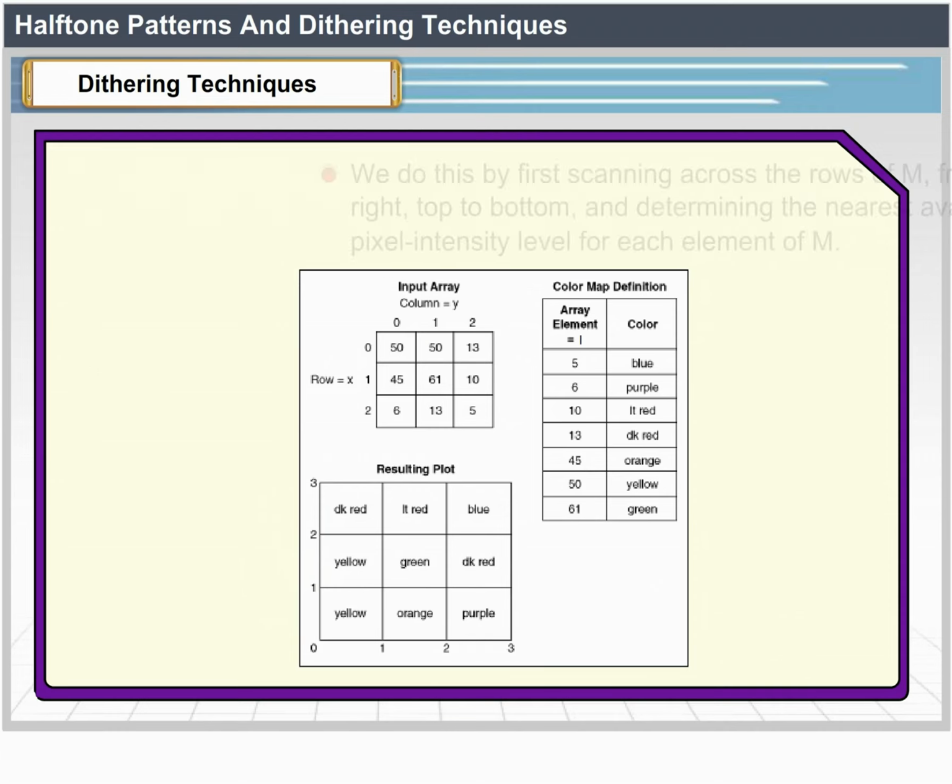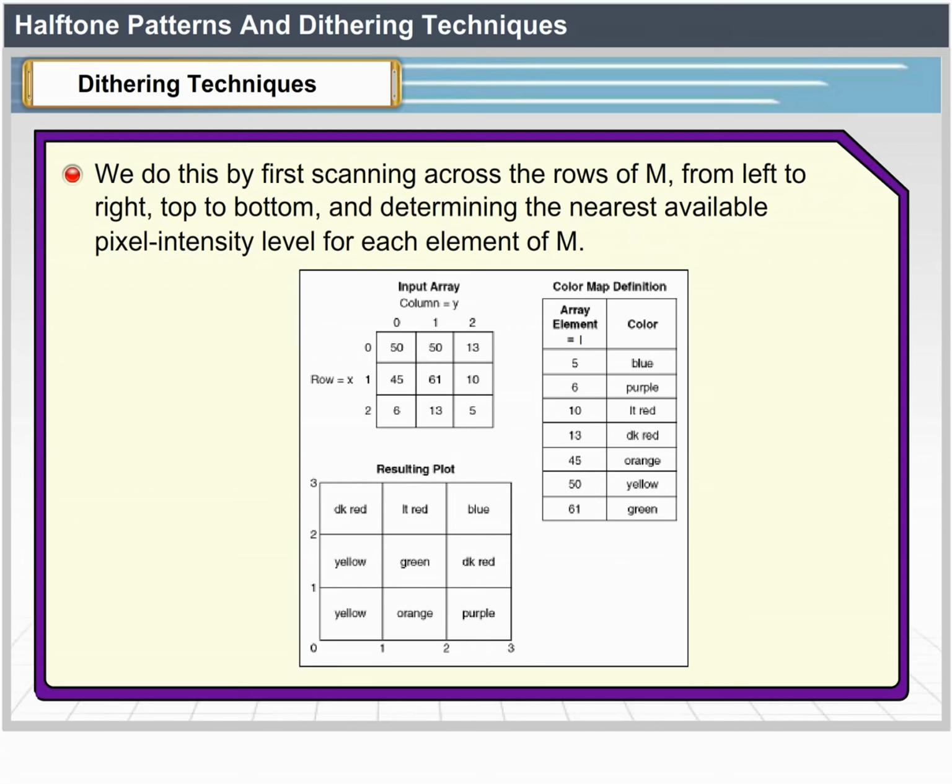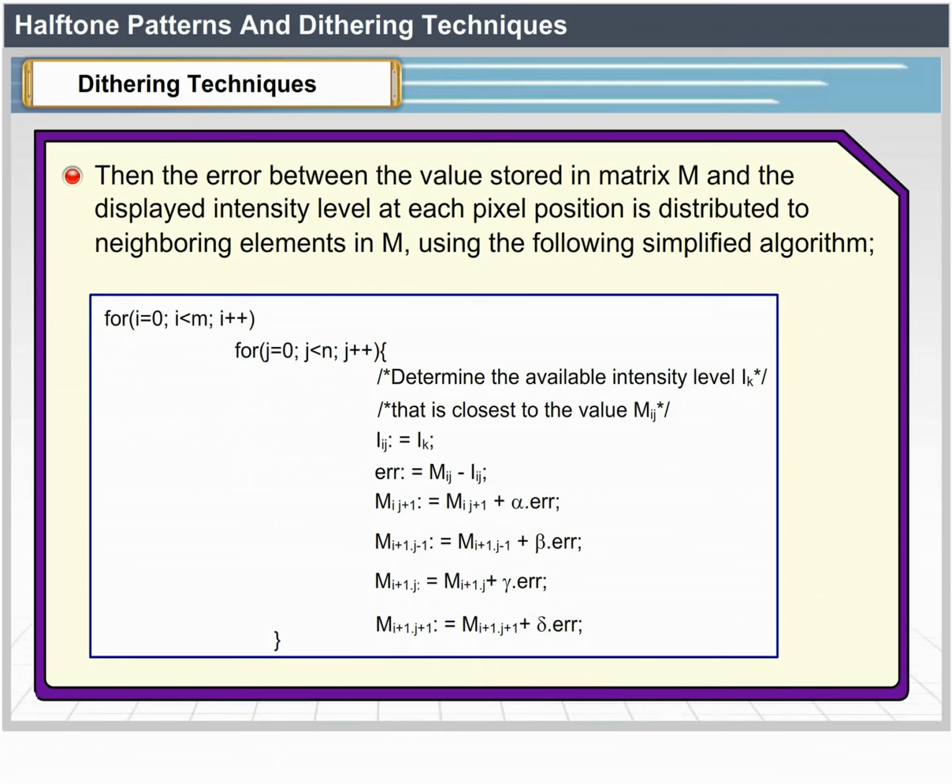We do this by first scanning across the rows of M from left to right, top to bottom, and determining the nearest available pixel intensity level for each element of M. Then the error between the values stored in matrix M and the displayed intensity level at each pixel position is distributed to neighboring elements in M using the following simplified algorithm.